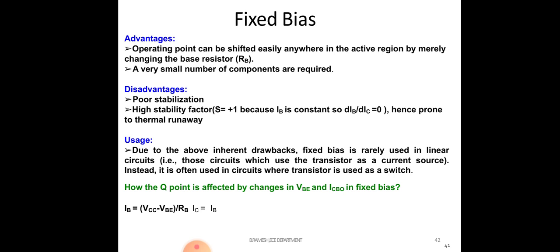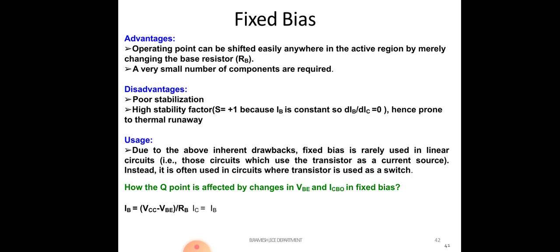Disadvantage: poor stabilization, high stability factor 1 plus beta, hence poor stability. Uses: due to these inherent drawbacks, fixed bias is rarely used in linear circuits, that is circuits which use the transistor as a current source. It is often used in circuits where the transistor is used as a switch.